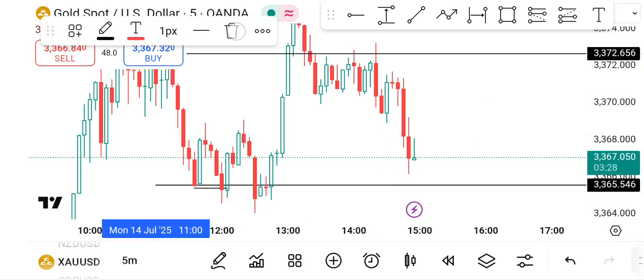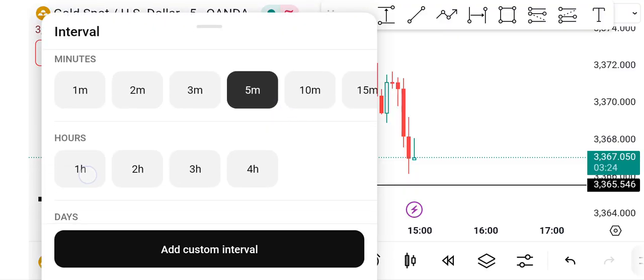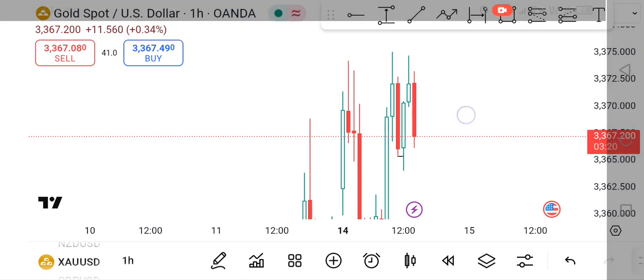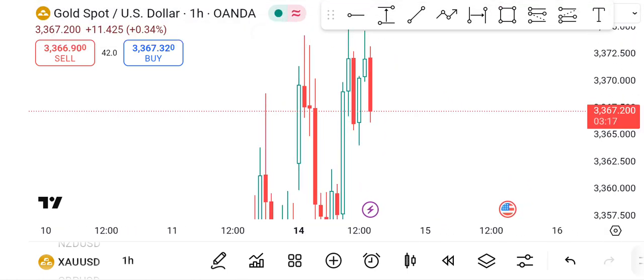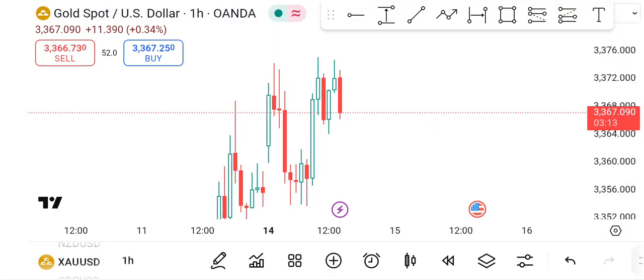So we go back to the 1 hour time frame. You can see this CRT was supported, guys. I have said there are various key levels that support the CRT formation, and the fair value gap was one of them.